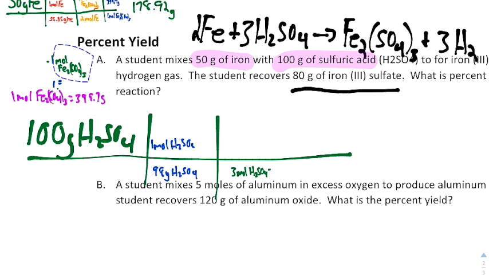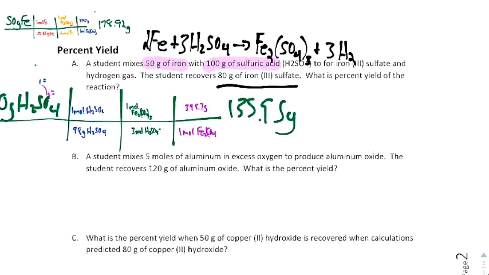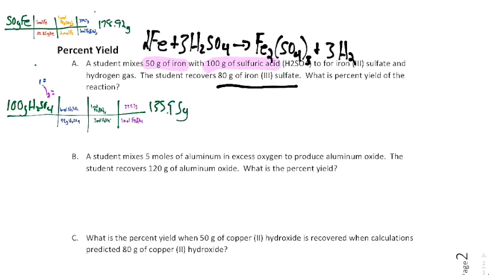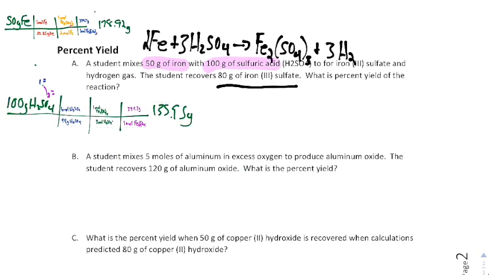So what that means is that we know that our sulfuric acid is our limiting reactant because it's the smaller amount. What this also means is this 135.95 grams is going to be our theoretical yield. So what I do is I go actual, which is right here, so 80 divided by 135.95.